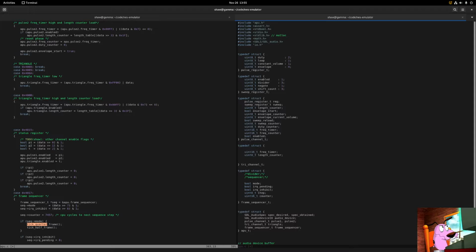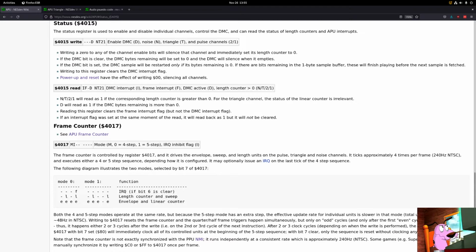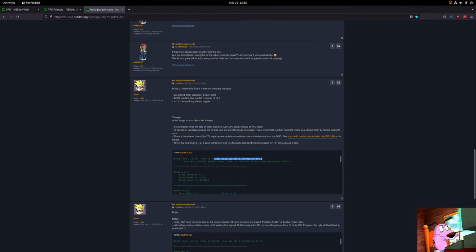So this is saying if it's not enabled, you set the length counter to 0. Does that happen here as well? Writing a 0 to any of the channel enabled bits will silence that channel and immediately set its length counter to 0. Is that also true for triangle? Because wasn't Dish saying to silence it, you stop clocking the tri-step unit but do not change its output? This is in contrast to other channels where you silence them by forcing output to 0.